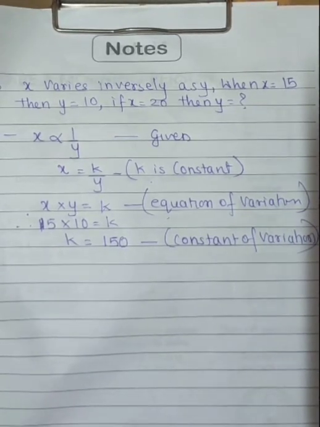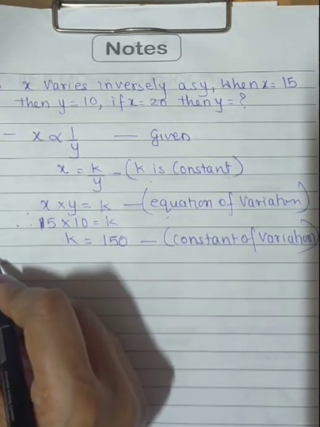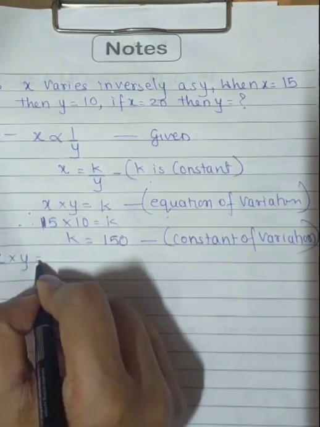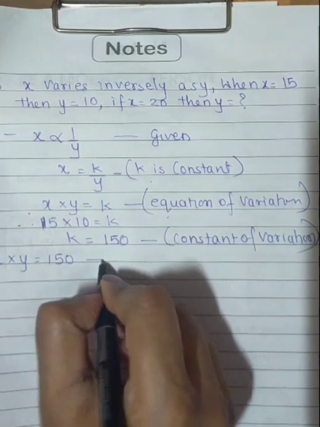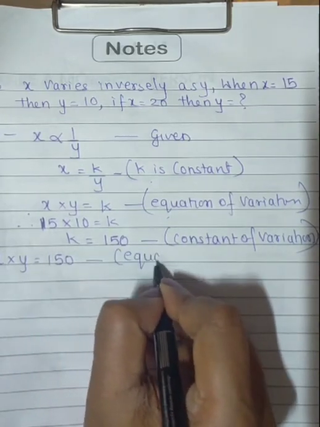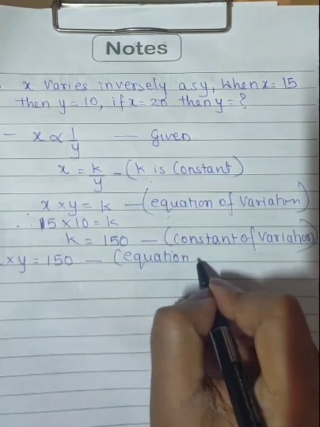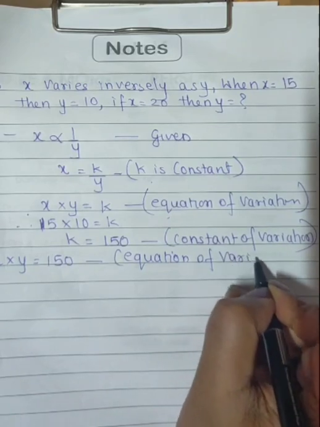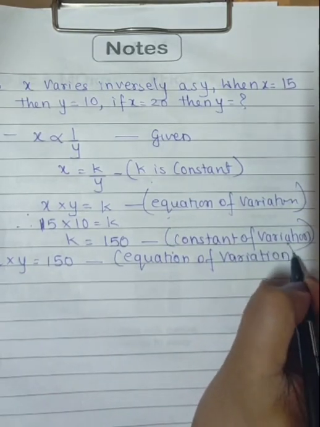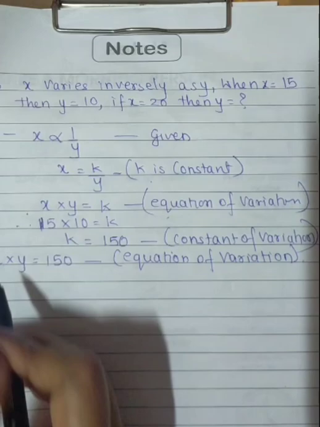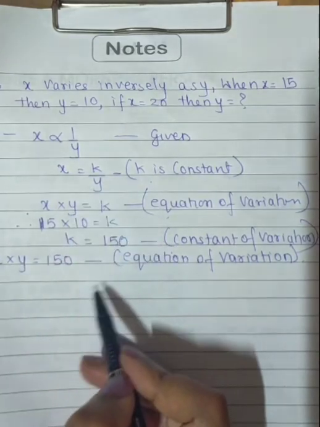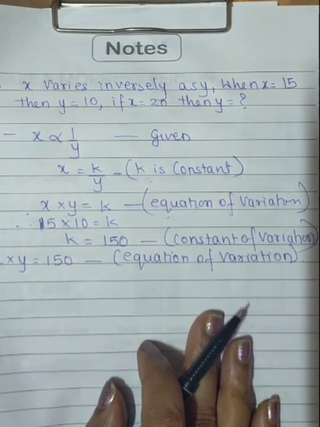Now xy = 150 is the equation of variation. So these are very important. If you mention them, you will know each step of this solution properly.